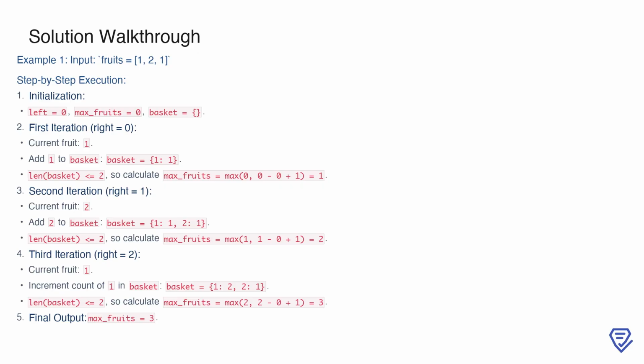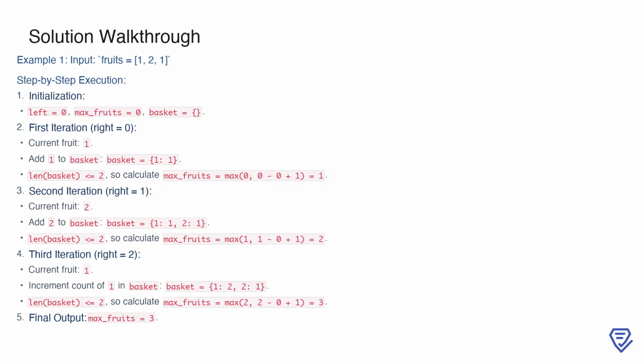Since the basket contains only one type of fruit, which is less than or equal to 2, we calculate the maximum number of fruits collected so far as max(0, 0 - 0 + 1), which equals 1. Moving to the second index, the fruit is 2. We add 2 to the basket, resulting in {1: 1, 2: 1}. Again, the basket contains two types of fruits, so we calculate the maximum as max(1, 1 - 0 + 1), which equals 2.